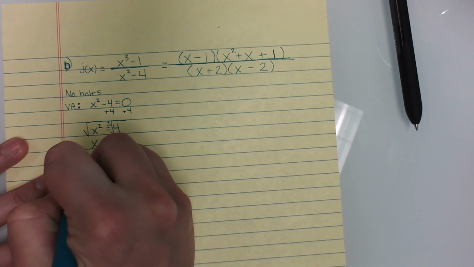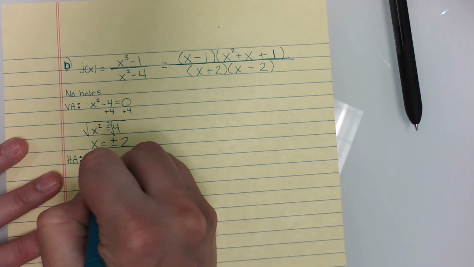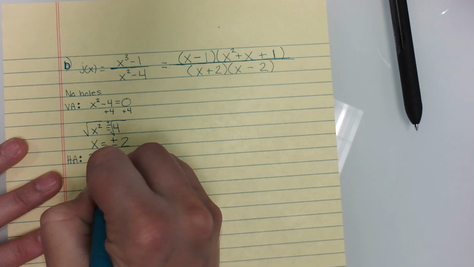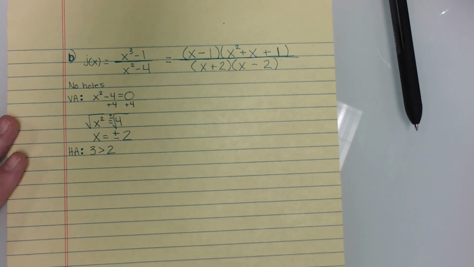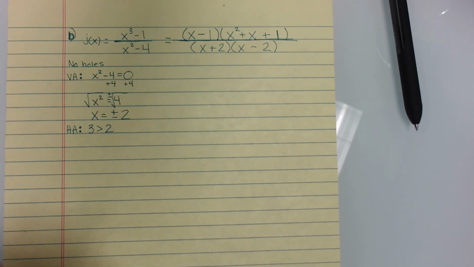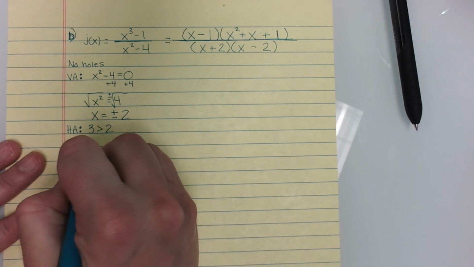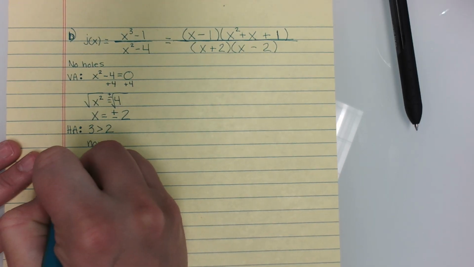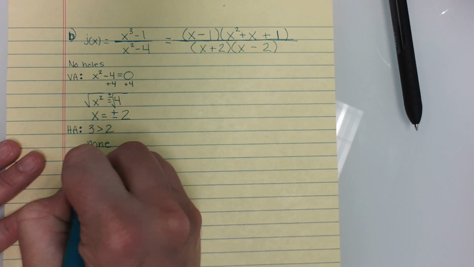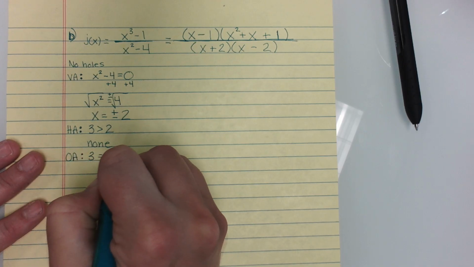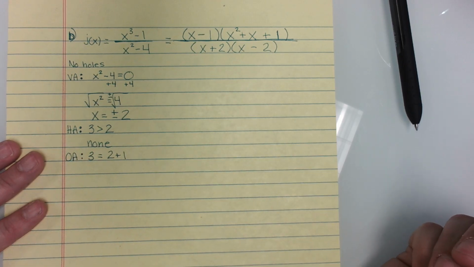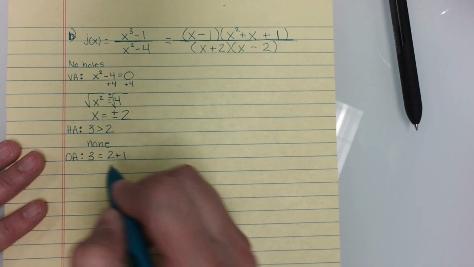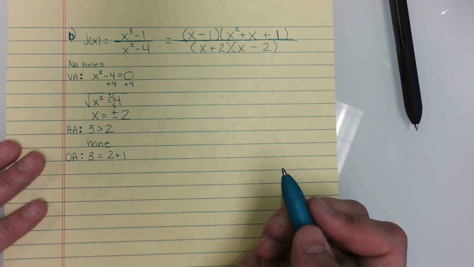Horizontal asymptotes. My degree of the top is 3, the degree of the bottom is 2. When the degree of the top is higher, none. But that's when we check for oblique. Is 3 equal to 2 plus 1? Yes, there is an oblique asymptote.